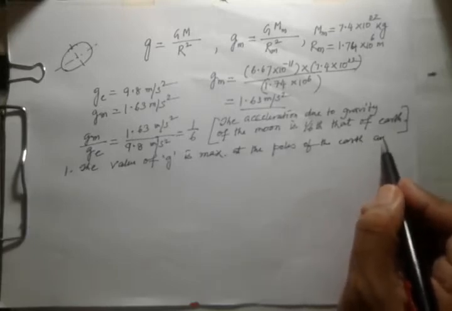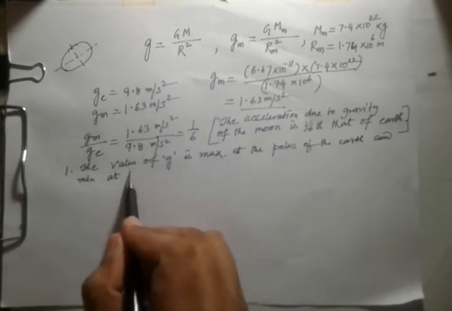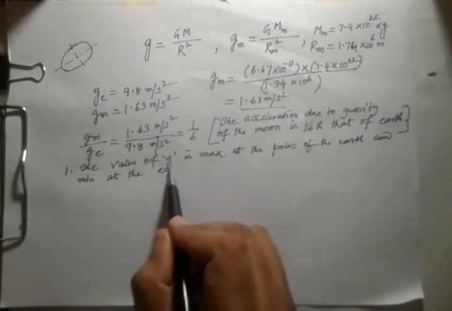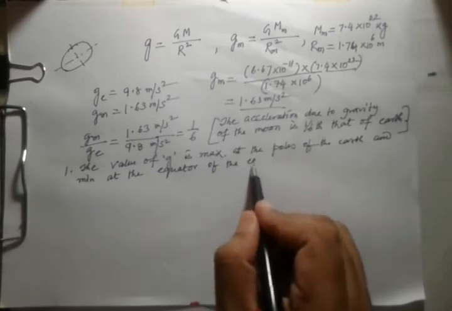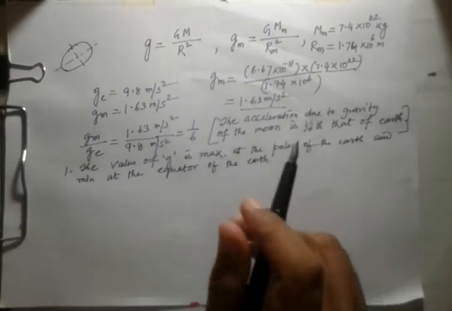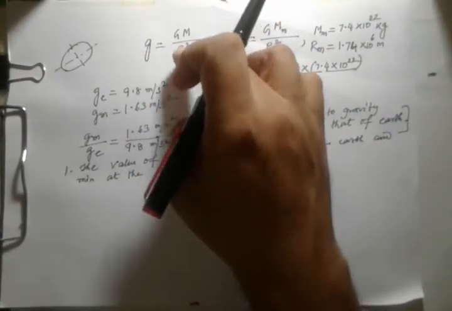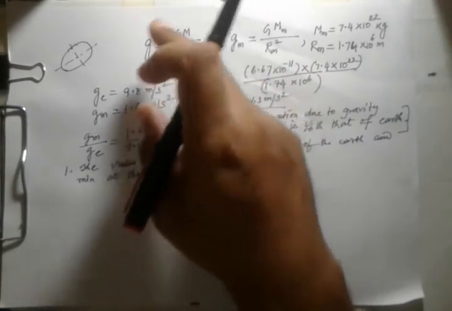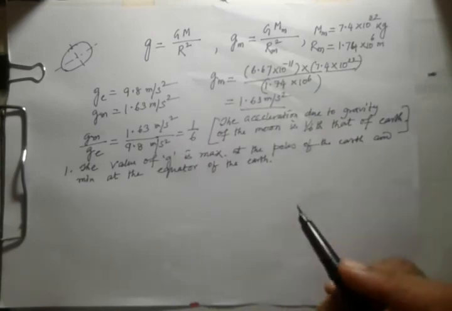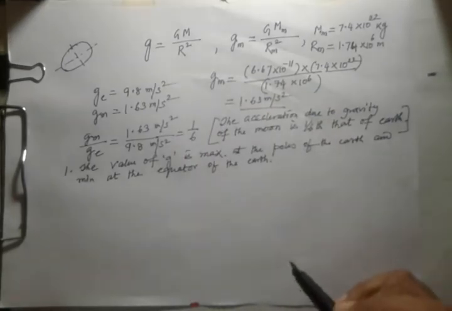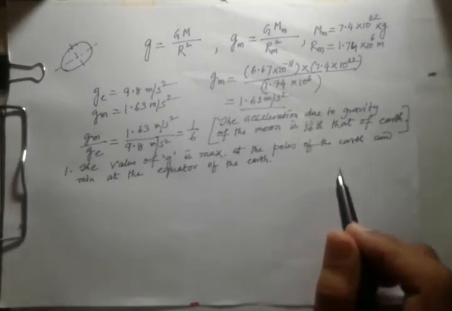and minimum at the equator of the earth. Okay, so you can understand also when r is minimum, then g will be more. If r is maximum, then g will be less. So at the equator, the value of g is 9.78 meter per second square, and at pole, the value of g is 9.83 meter per second square.